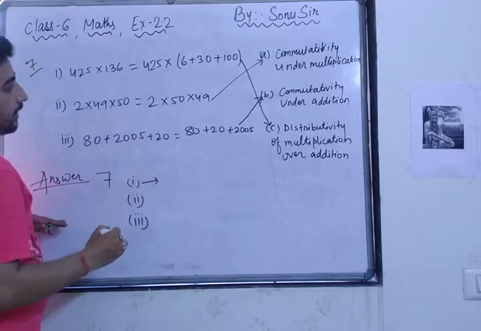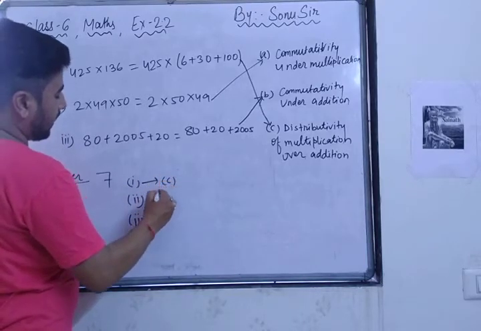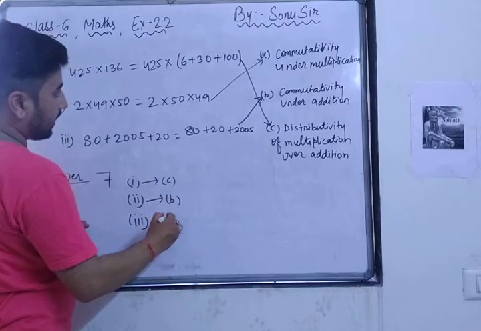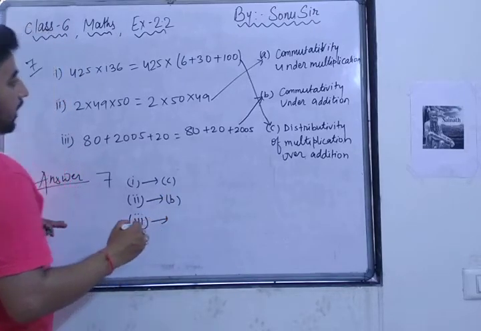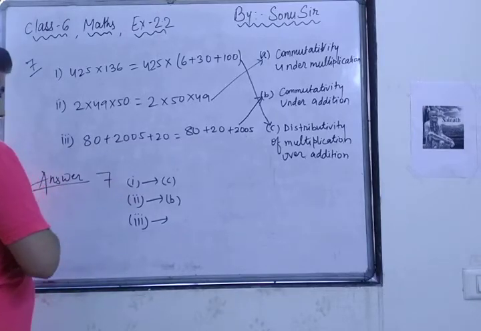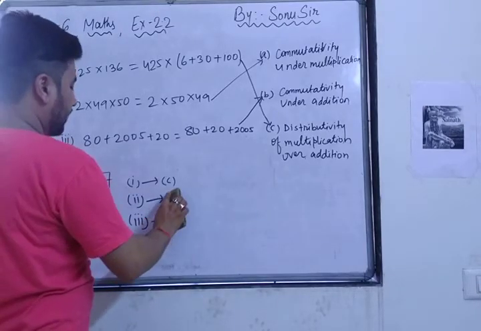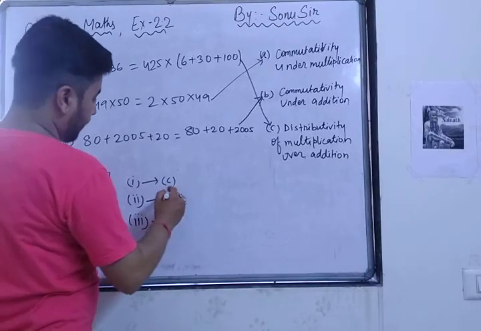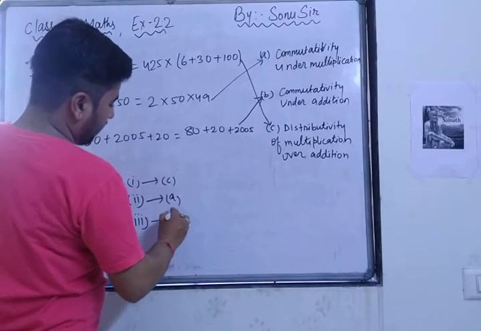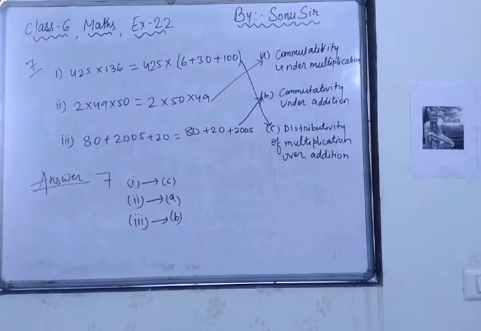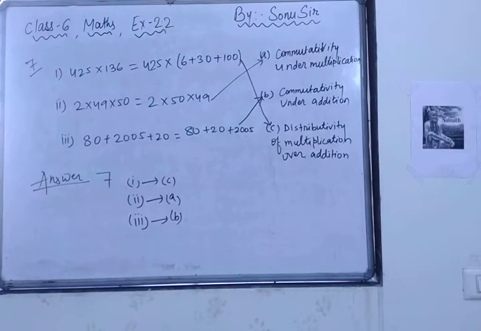First answer is C. Second answer is A and third answer is B. So have you seen? In this way also you can write the answer. Or first of all, you should know about all the properties. As you know all the properties, then you can write the answer.